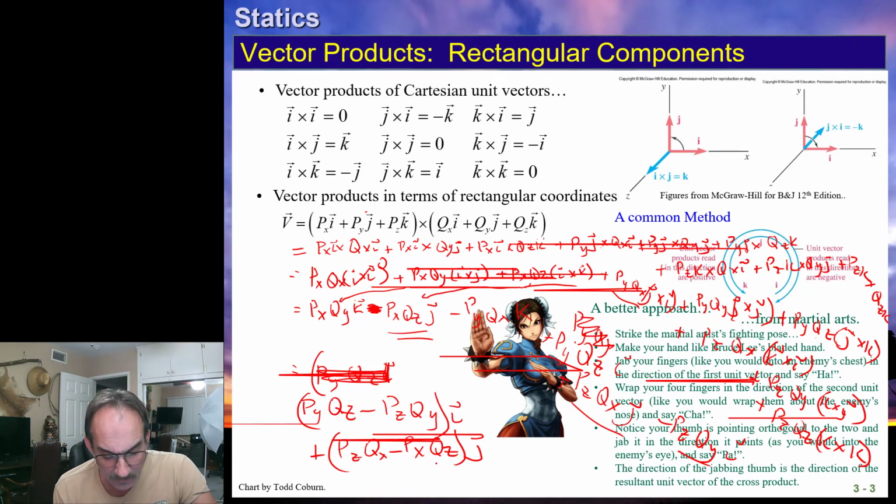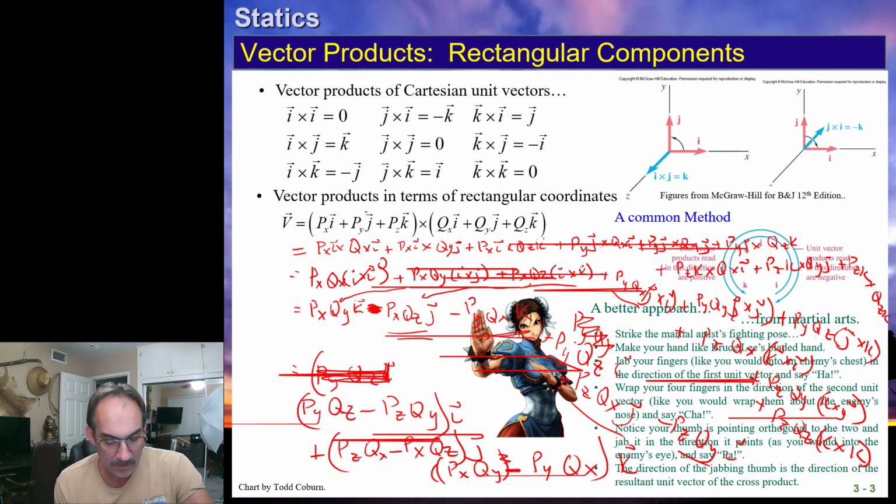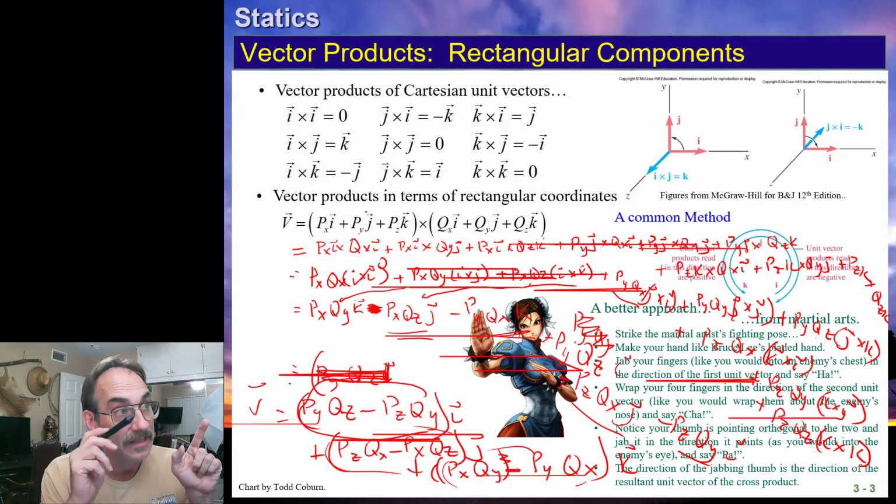And then we have one more term, pxqy. Minus, and our other k looks like it's right here, pyqx k. So our vector is equal to this times i direction, this in the j direction, this in the k direction. That's how we can do this using this operation.